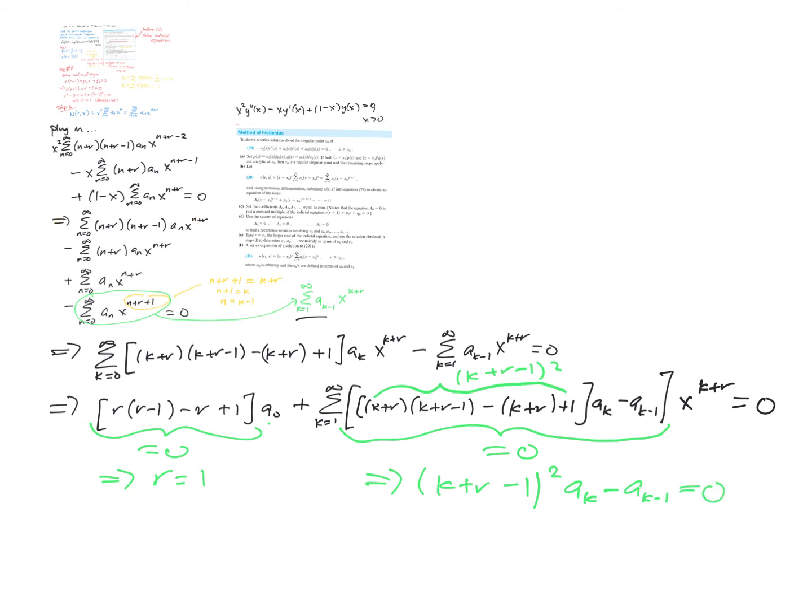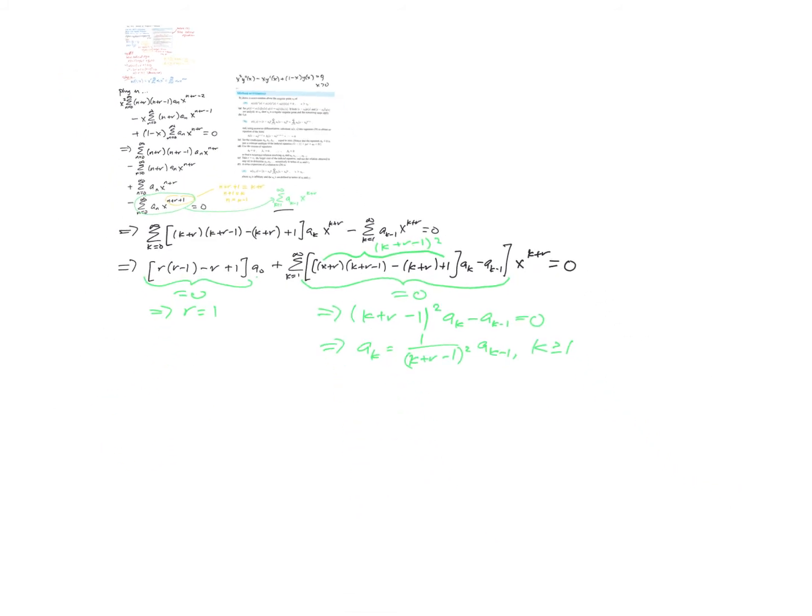So that means that, this is pretty straightforward. If you know a_(k minus 1), then you can get the next a_k. So if you've got a0, which you just assume is an arbitrary constant, then you can get all the rest of them. And you can actually do this explicitly: a_k equals 1 over k plus r minus 1 squared times a_(k minus 1), for k greater than or equal to 1.